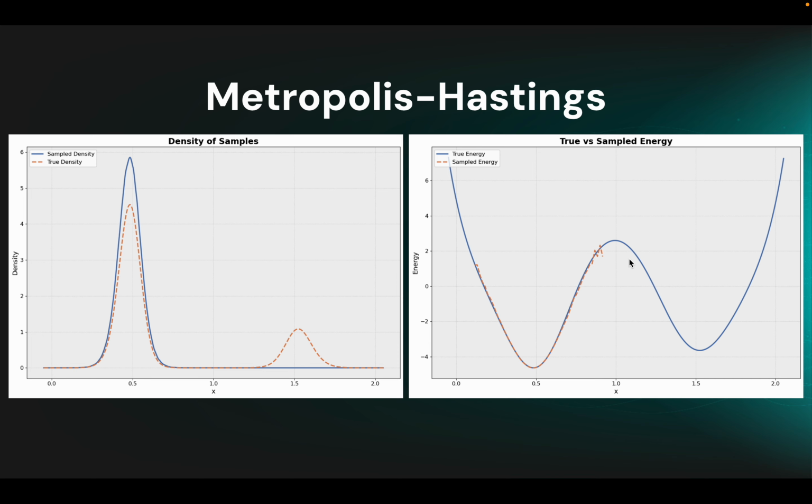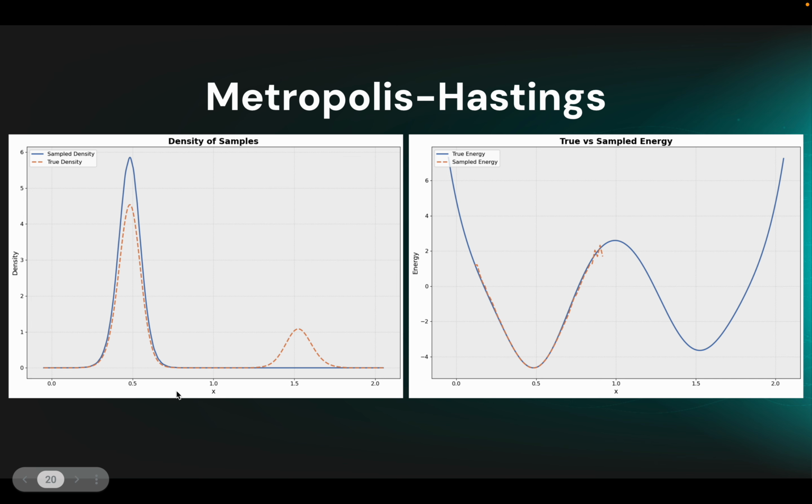So now we wanted to compare our umbrella sampling method with just our traditional MCMC methods. Here on the left, we can see the density of samples, or our probability distribution that we observe when we apply just normal Metropolis-Hastings. And we can see our true distribution, as shown by the orange dashed curve, has two peaks, with our two different wells. But what we actually sample, we only see one big peak at x equals 0.5.